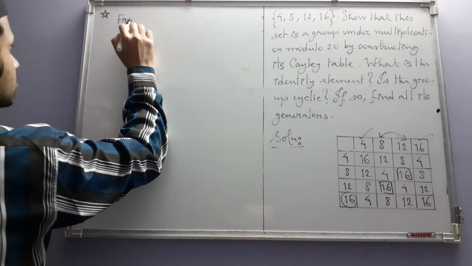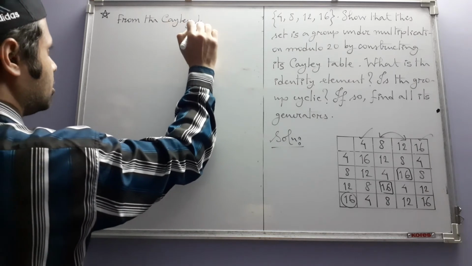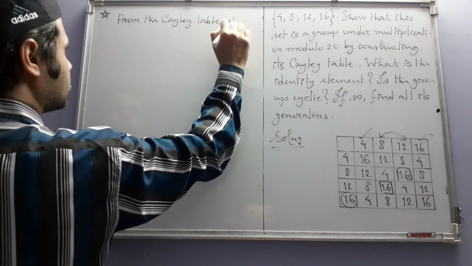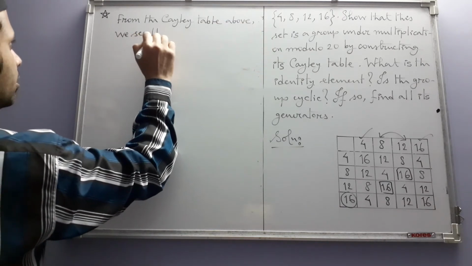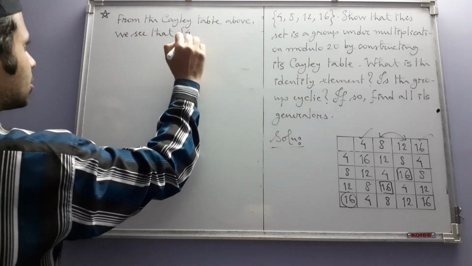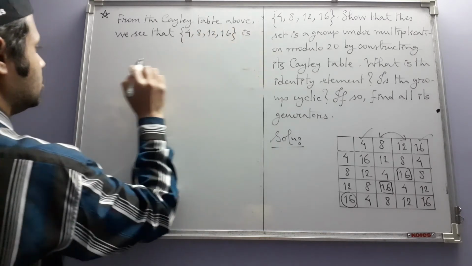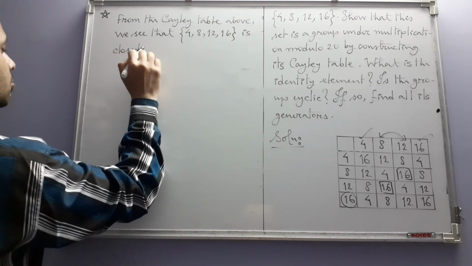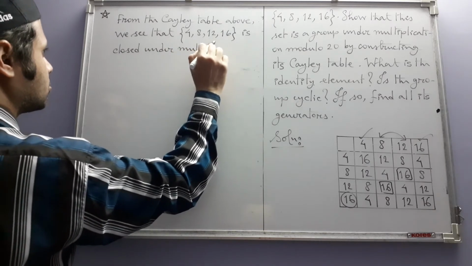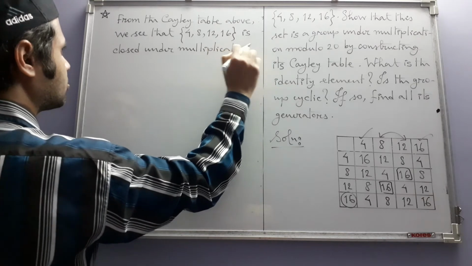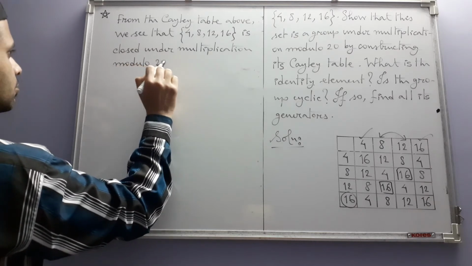From the Cayley table above, we see that our set is closed under multiplication modulo 20.